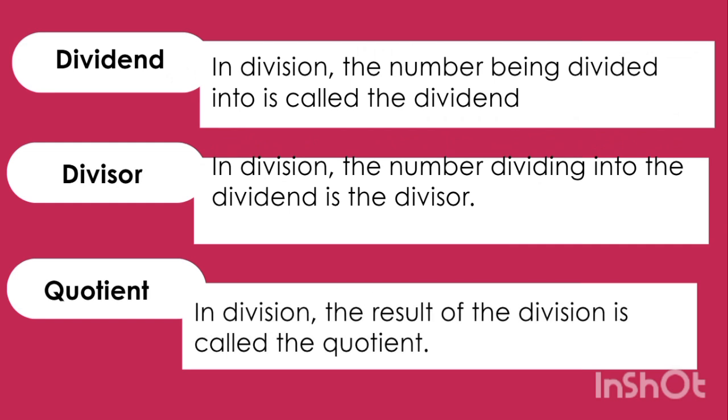In division, the number being divided into is called the dividend, like 50 divided by 6. The divisor is the number dividing into the dividend. The quotient is the answer.